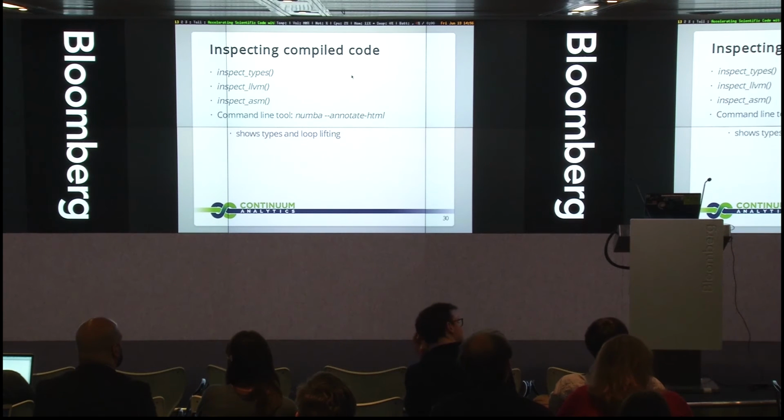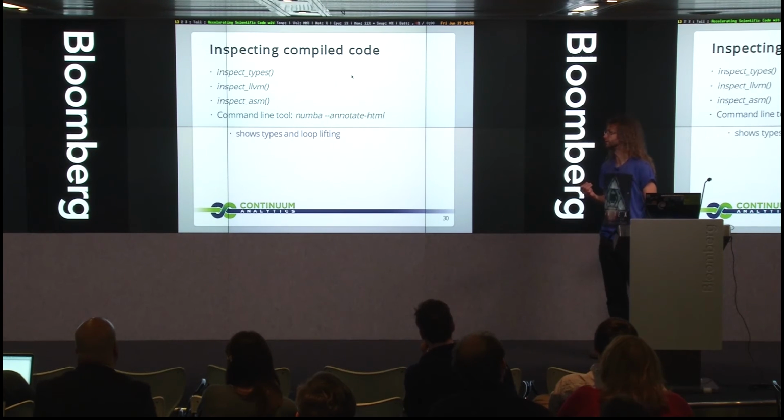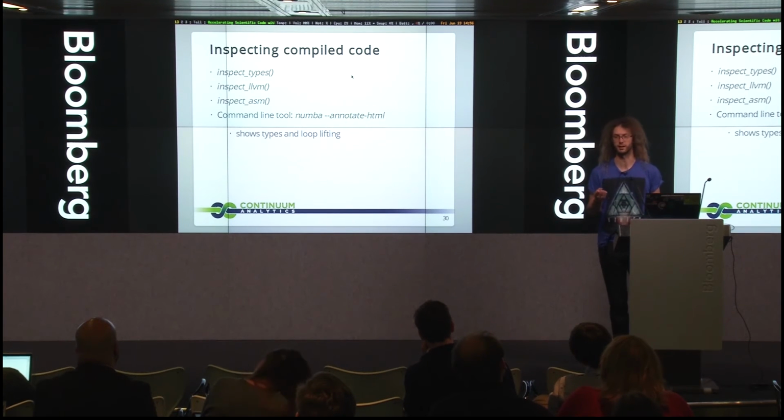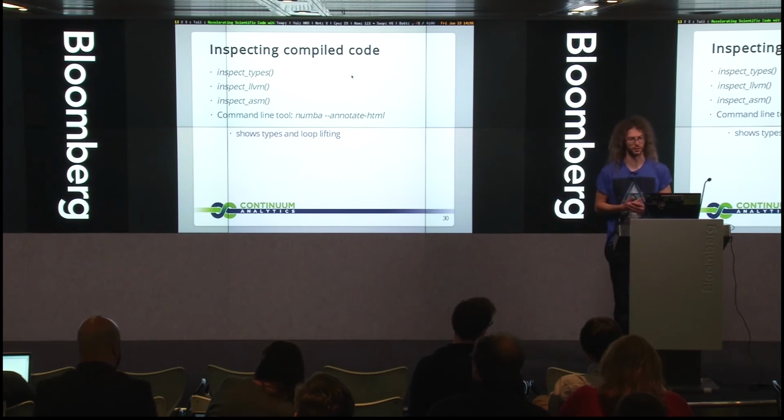If you want to find out what Numba thinks the type of everything in your code is, then you can call the inspect_types method and it will give you a string back that will tell you that. If you want to see the code that Numba's generating, then you can call inspect_llvm or inspect_asm to get back those codes as well, if you want to understand their performance a bit better.